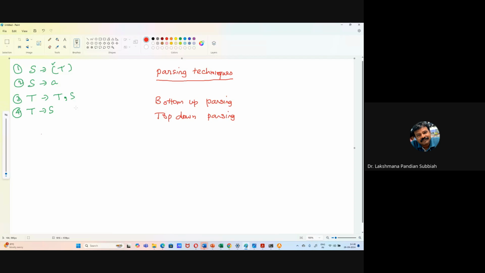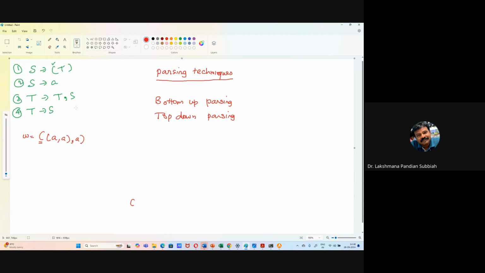Now we consider the same string, open bracket, a, comma, a, and then close bracket, right? Now in that bottom up parsing, how do you do that one? We are scanning our input string from left to right. We want to have that open bracket. So this is open bracket.